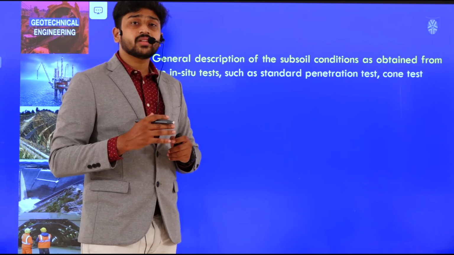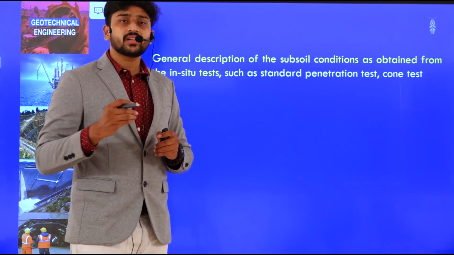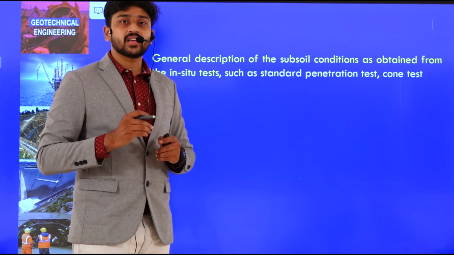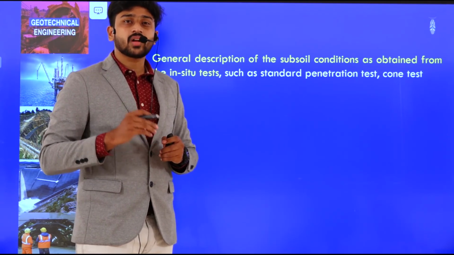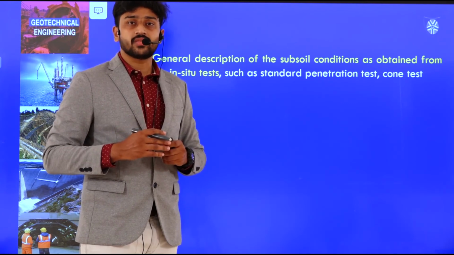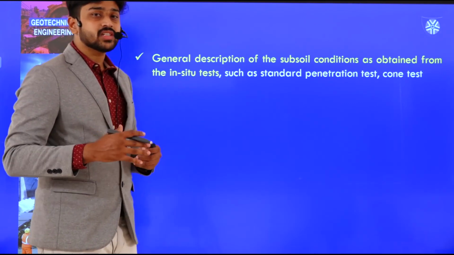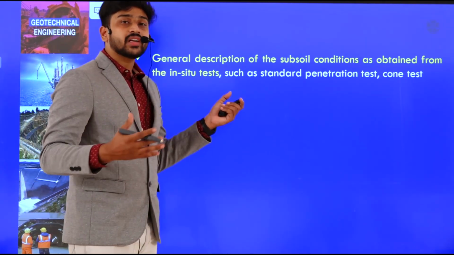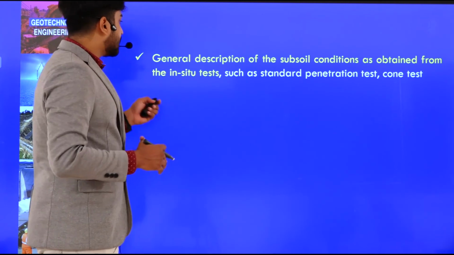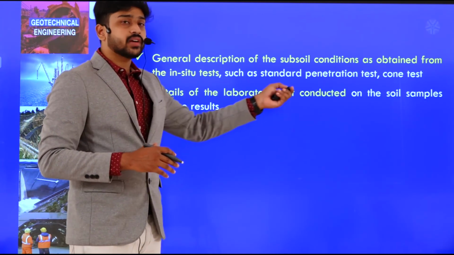We may give this data based on the tests performed, say standard penetration test, cone penetration test, either static or dynamic, or a pressure meter test, or by using geophysical methods that we have discussed. Using any of these tests, we obtain the soil types and we need to give the subsoil conditions data. And then the details of the laboratory tests conducted.